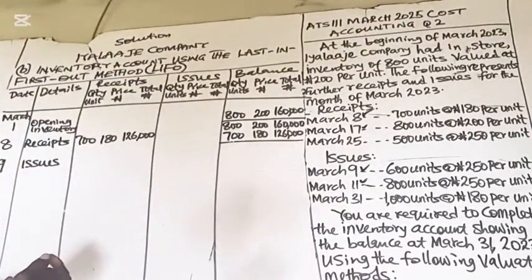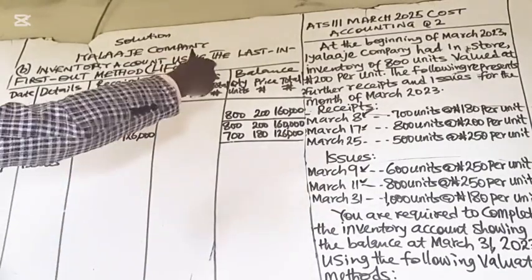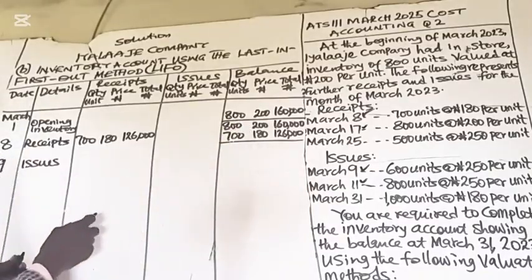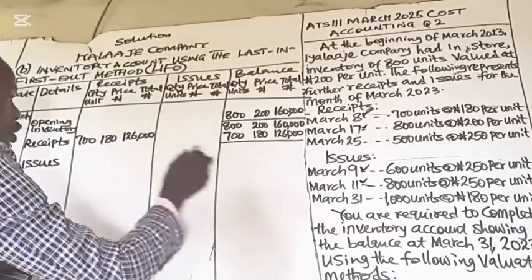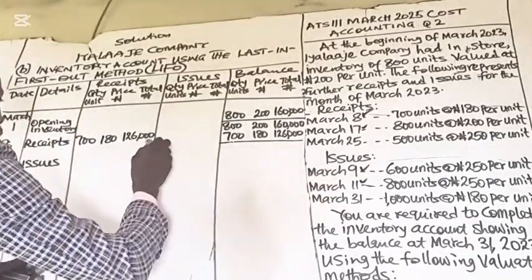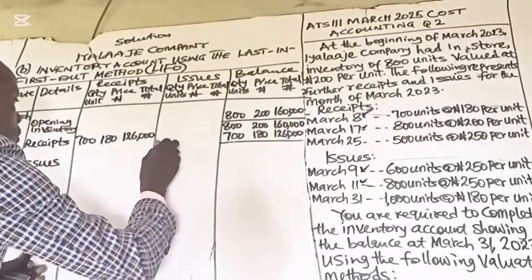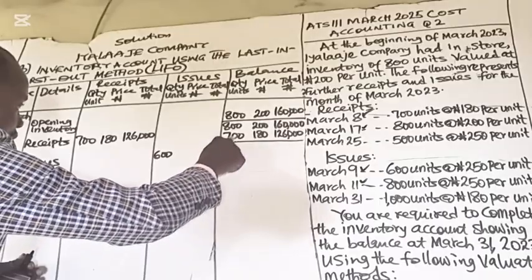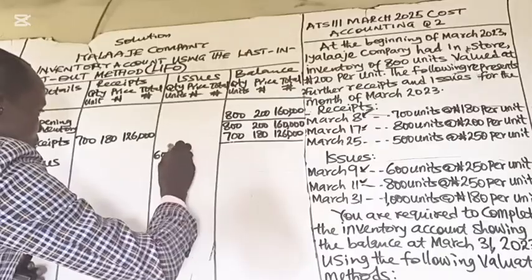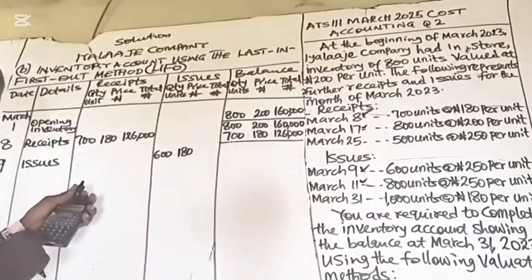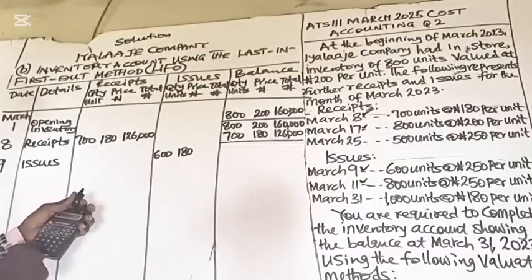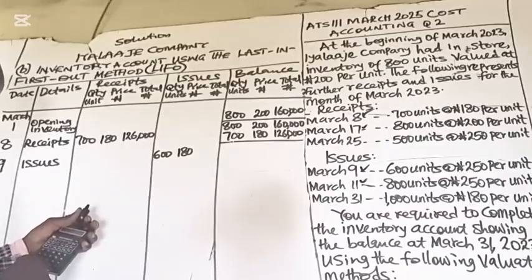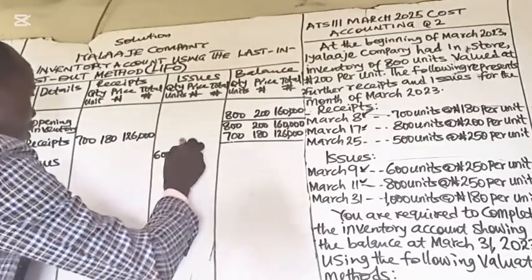So you want to issue 600 on the 9th of March from this 700. That means you have 600 from this 700 at the price of 180. 600 times 180 gives us 108,000.